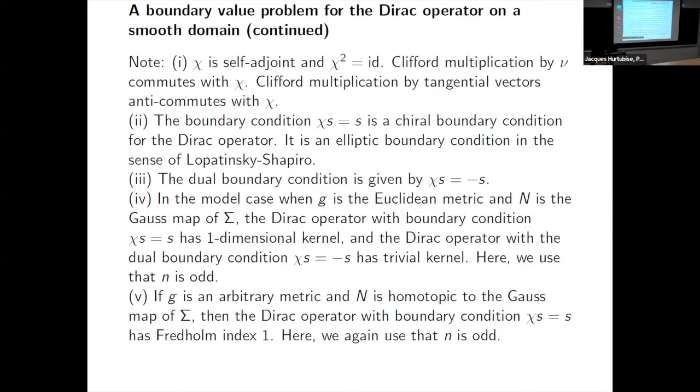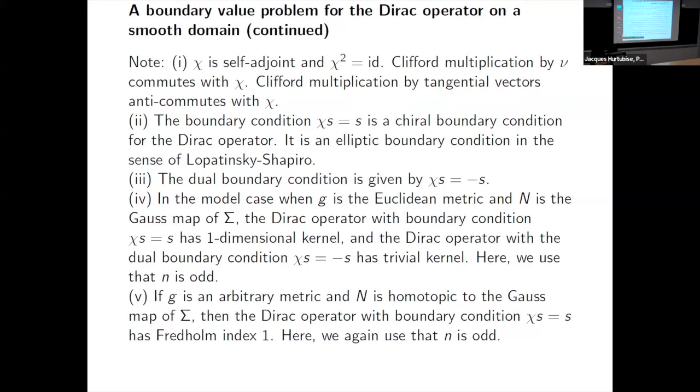That would give you a Fredholm index of 1. Now in the even case, in the model case, the kernel and co-kernel would both be one-dimensional, and the Fredholm index would be 0. So the point is that in the model case, you can just work out what the kernel is and what the co-kernel is, and that lets you compute the Fredholm index.